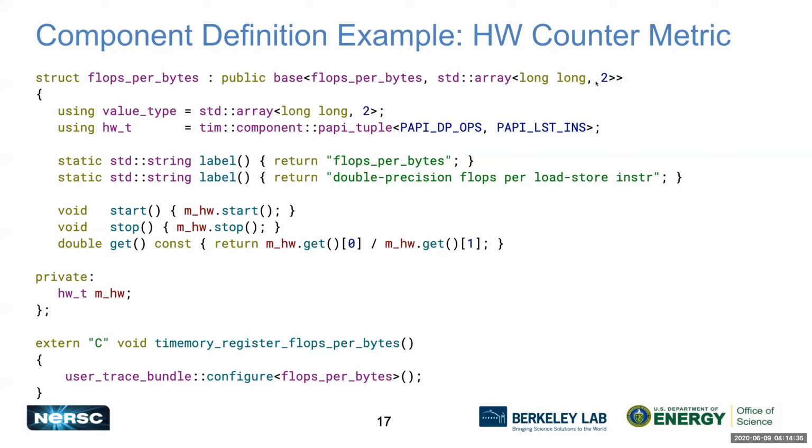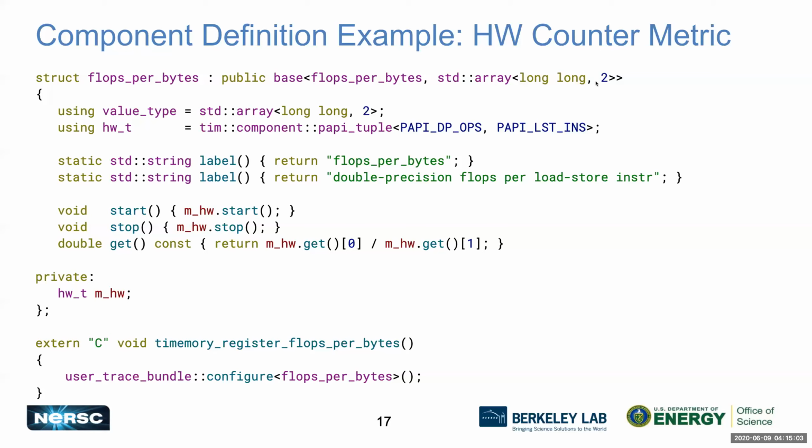And then down at the bottom, we provide this Timemory register flops per byte. That's a special function for the instrumentation, and the instrumentation uses something called a user trace bundle to insert instrumentation around function calls.